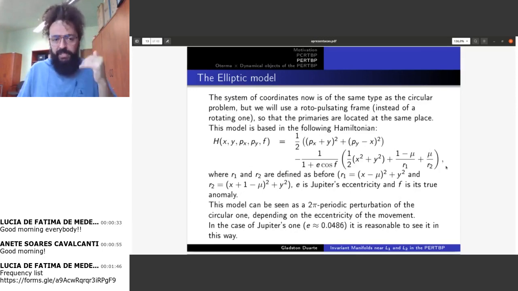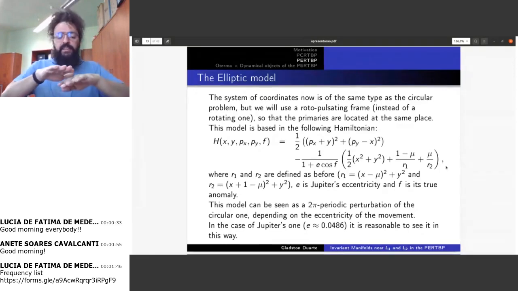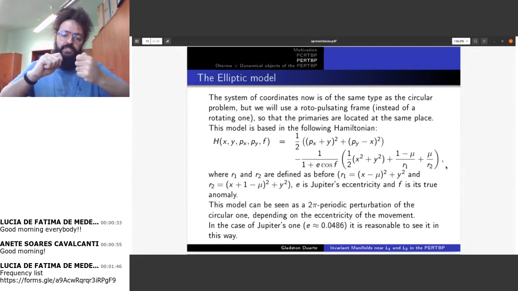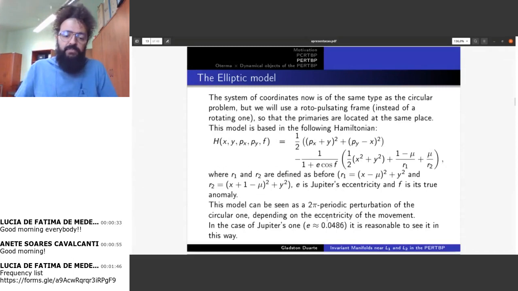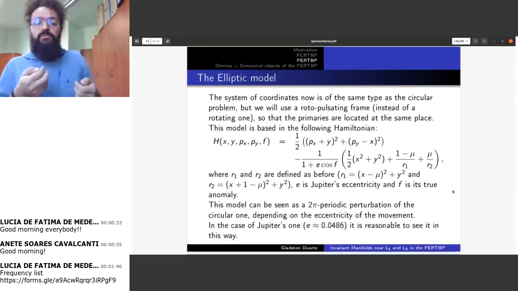So maybe we can go for the elliptic model, which is a little bit more natural because the angle between Oterma and Jupiter's orbit is small, but also the eccentricity of Jupiter's orbit is small. It's 4 or 5 times 10 to the minus 2. But still, we might see that it plays a role.